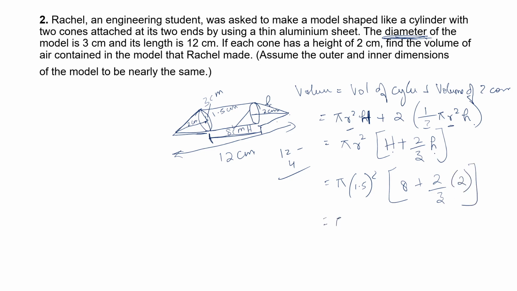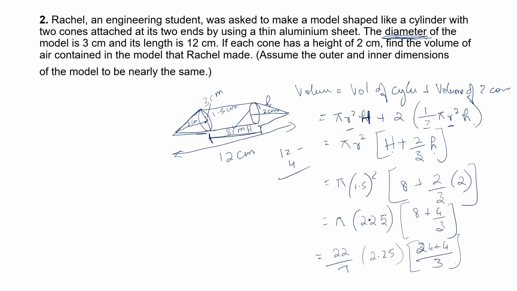So pi into 15 into 15, 225. It is 2 digits, so 2.25 here. Then 8 plus 4 by 3. Now pi we can substitute 22 by 7 into 2.25 into 24 plus 4 by 3, so 28 by 3.